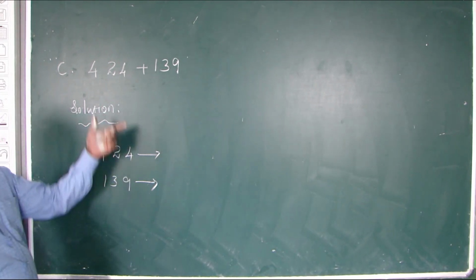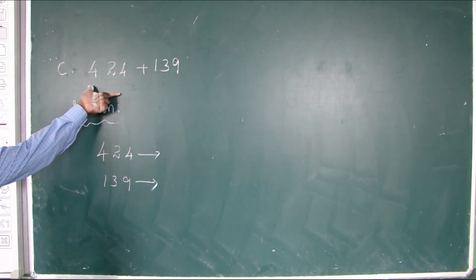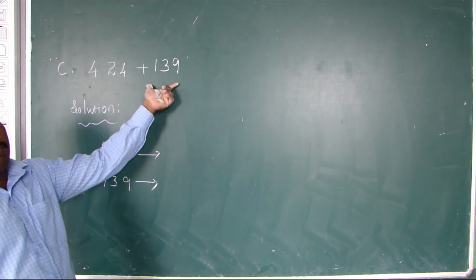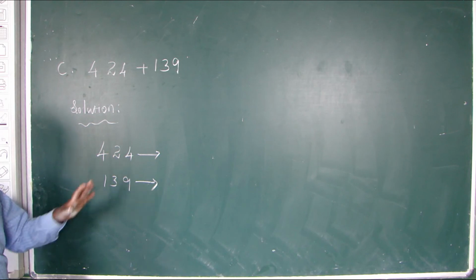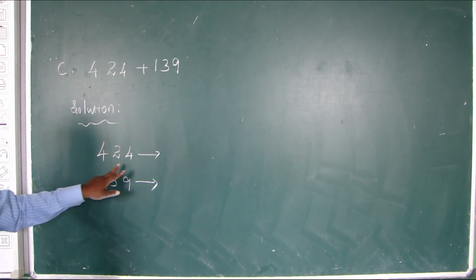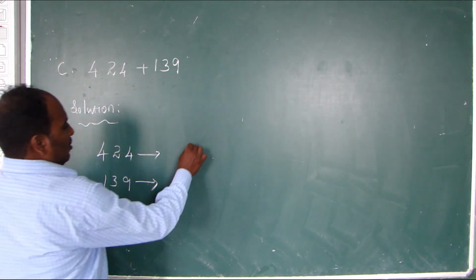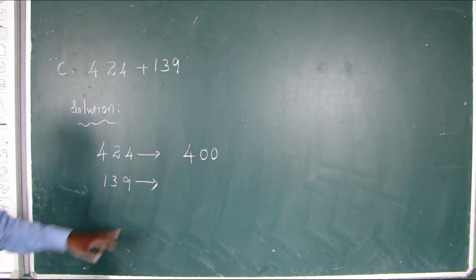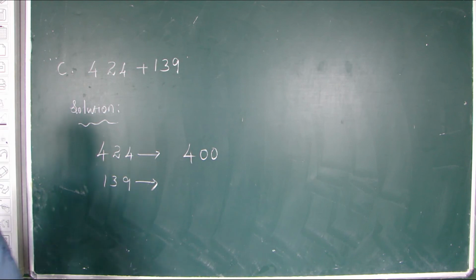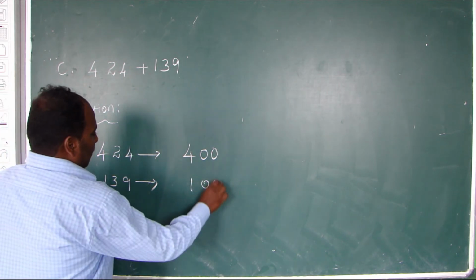The first part is 424 plus the second part 139. We want the nearest hundreds. 424, the rounded value is 400. Then 139, the rounded value is 100.